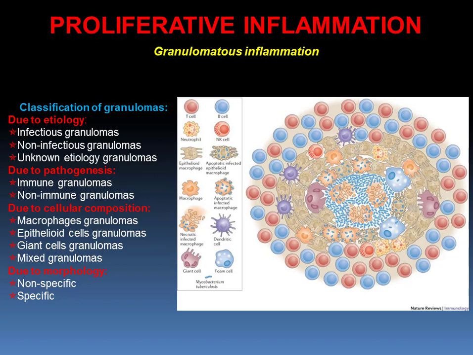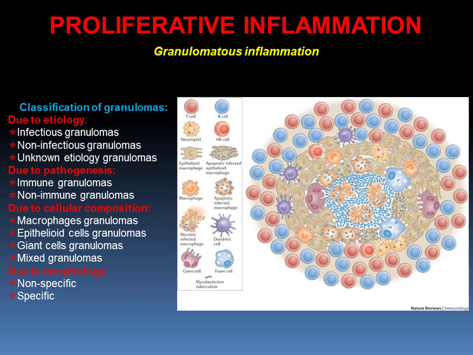Non-immune granulomas develop around foreign bodies consisting of inorganic dust, for example suture material, or dust from the air in polluted cities.